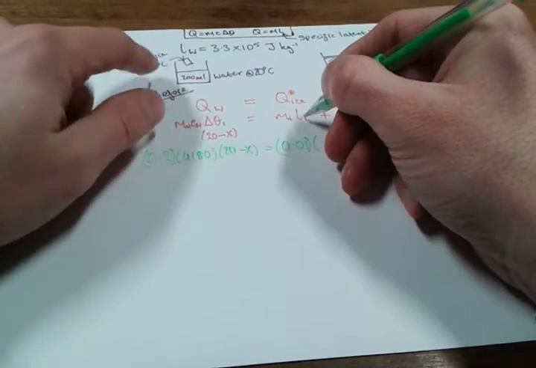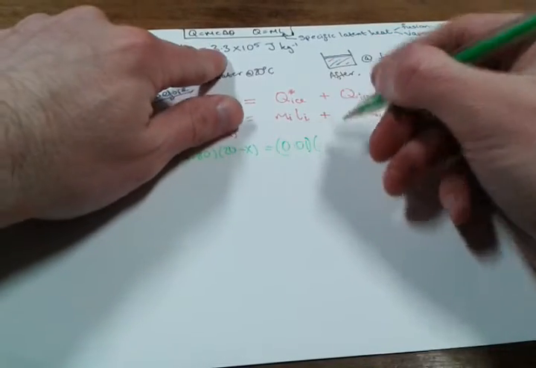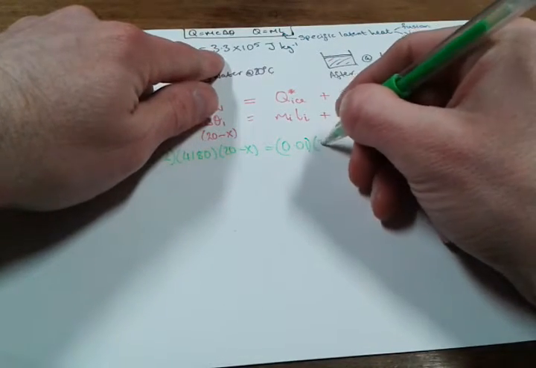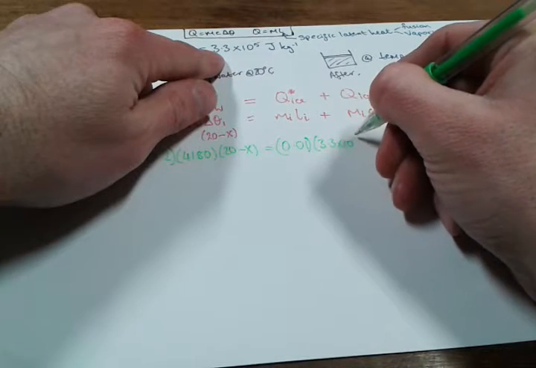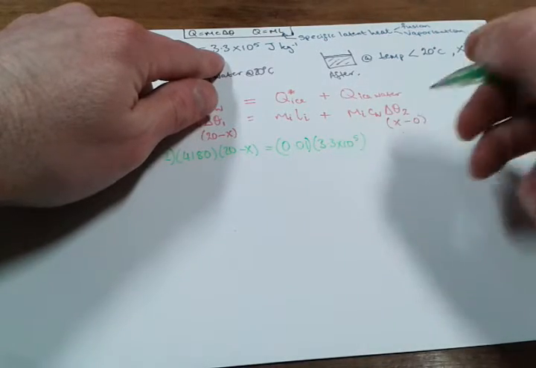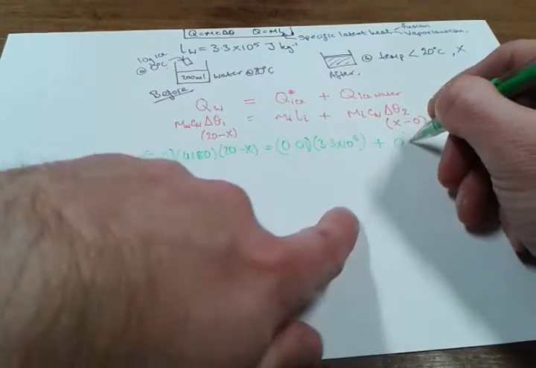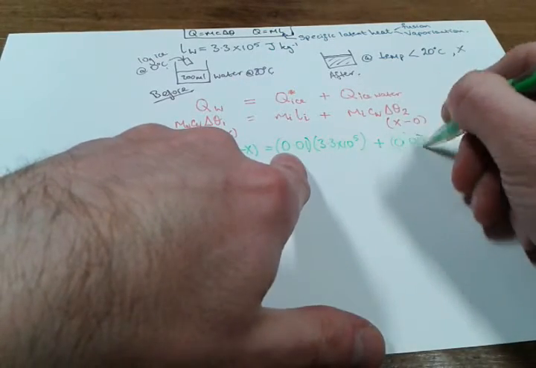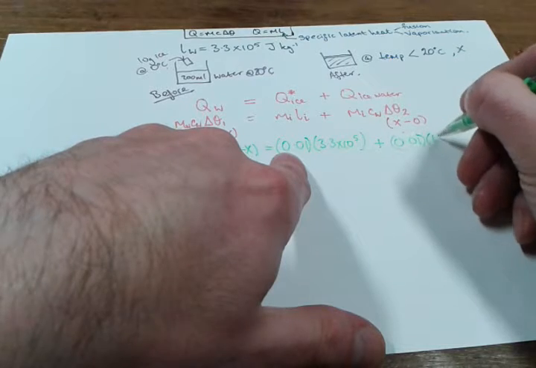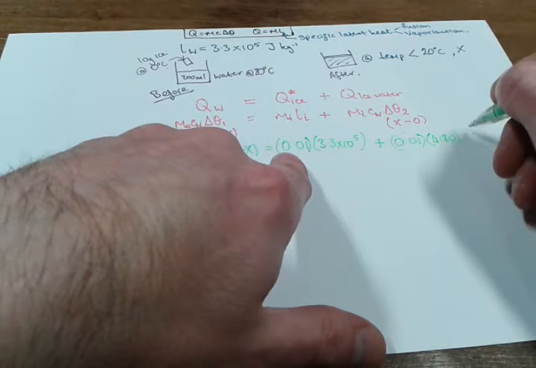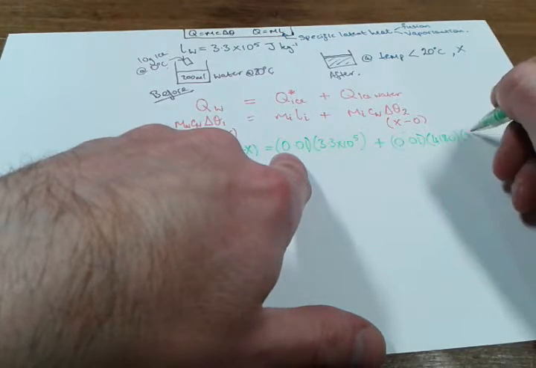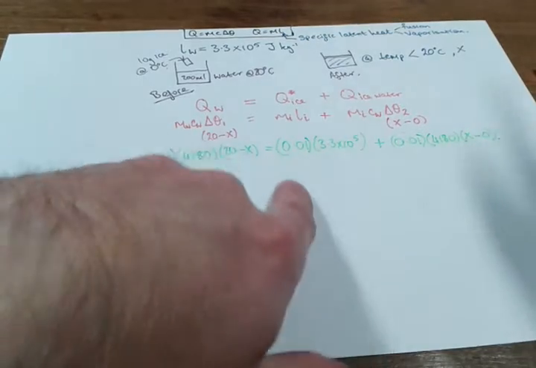And the specific latent heat of fusion of ice is this value up here, 3.3 by 10 to the 5. We won't put in any units. Plus, for this term here, the mass of the ice is still the same, 0.01. Specific heat capacity of water, 4180. And then we're filling in x minus 0.